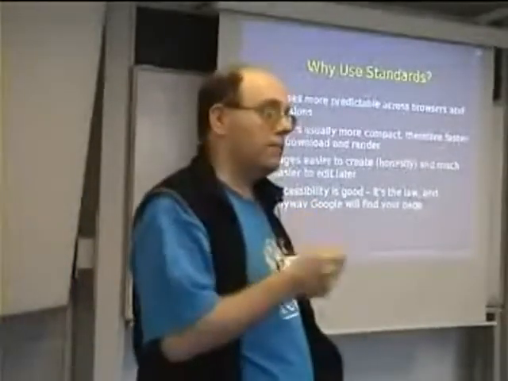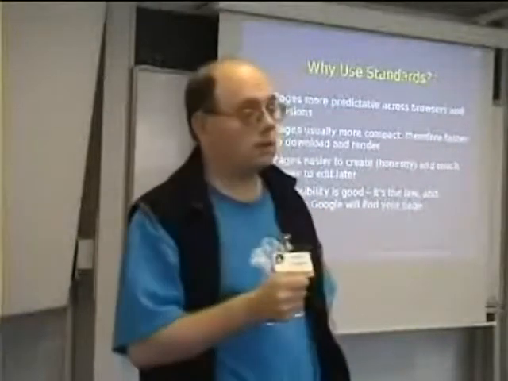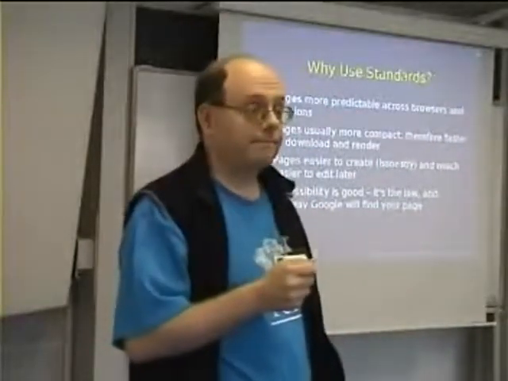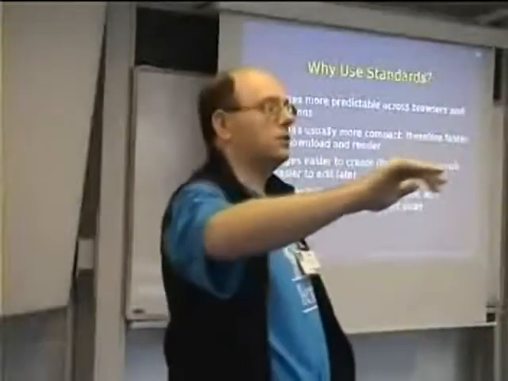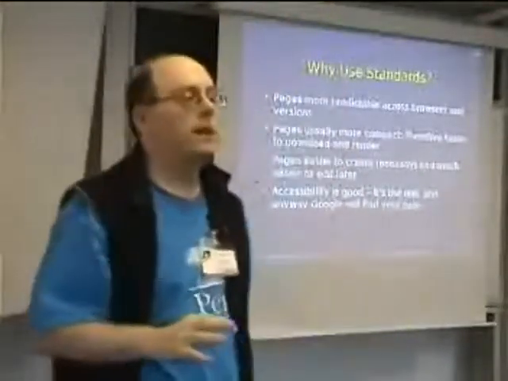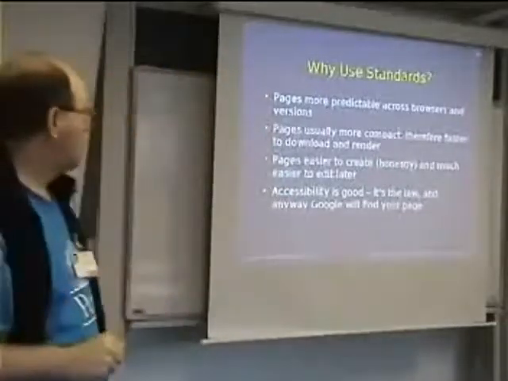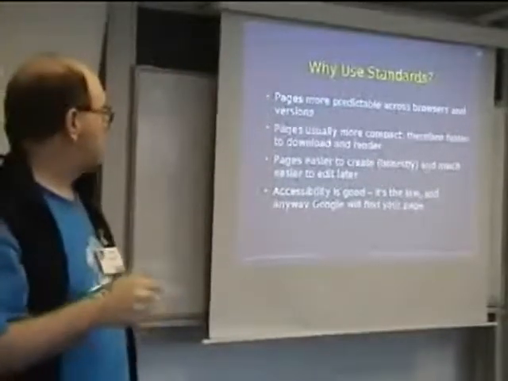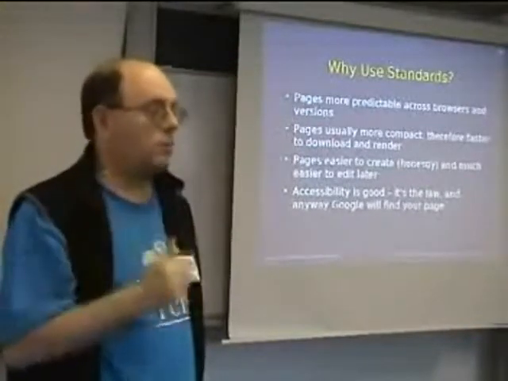If you're somebody like Amazon who makes their money by selling things, having disgruntled customers is bad. If their website takes too long to render because it's so big, it takes forever to get across the internet, and then it takes 5 minutes for the browser to reassemble this enormously complicated page, when all you want to do is hit the buy button, that's bad. So there's a lot to be said for standards. You get more predictable behavior, and the web pages should be smaller.